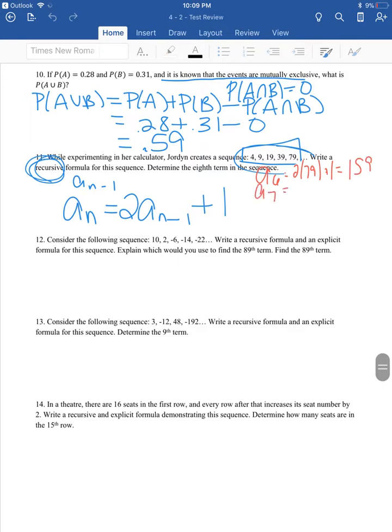A sub 7 is 2 times 159 plus 1, which is 319. And then my last one, A sub 8, the 8th term, is 2 times 319 plus 1, which is 639. So this is your 8th term.